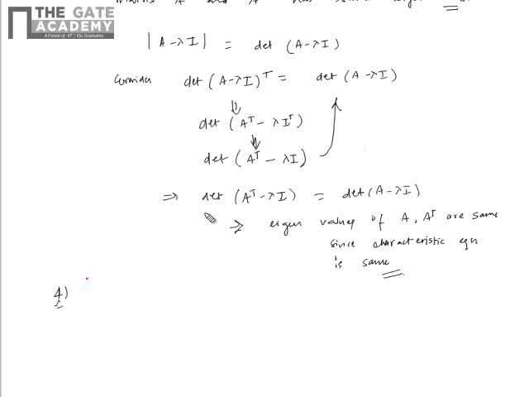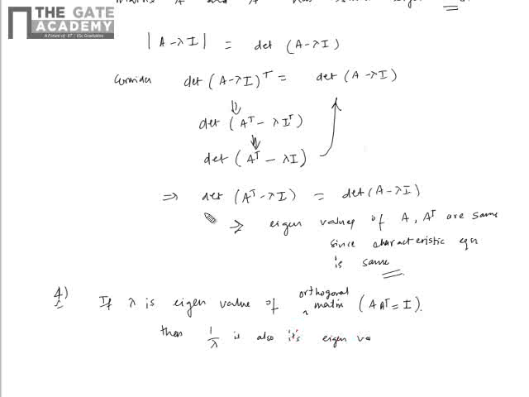If lambda is an eigenvalue of an orthogonal matrix, where orthogonal matrix means A times A transpose is I, then we have proved that 1 by lambda is also its eigenvalue. Okay, so this is an important fact.